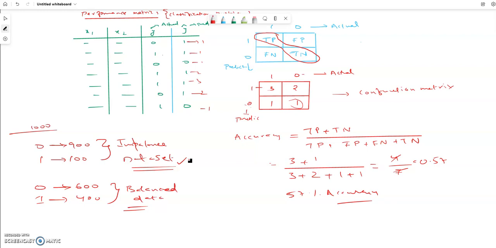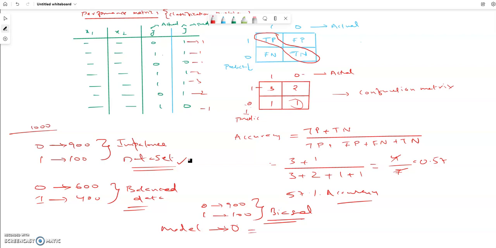Now when we have outputs zeros 900 and outputs ones 100, then our data is biased. That means if we apply a model for this data set, this model is having everything zero here, right?